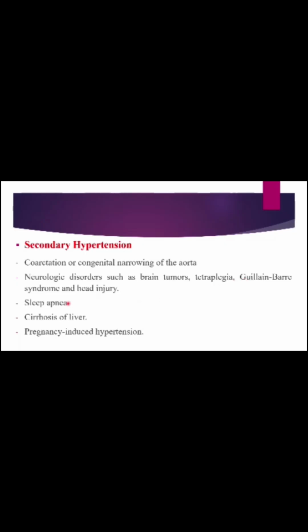Then sleep apnea. The sudden drop in blood oxygen level that occurs in sleep apnea increases BP and also strains the CVS system. Then cirrhosis of liver. Scar tissue in the liver compresses the blood vessels and reduces blood flow. Then pregnancy induced hypertension. These are the causes under secondary hypertension.